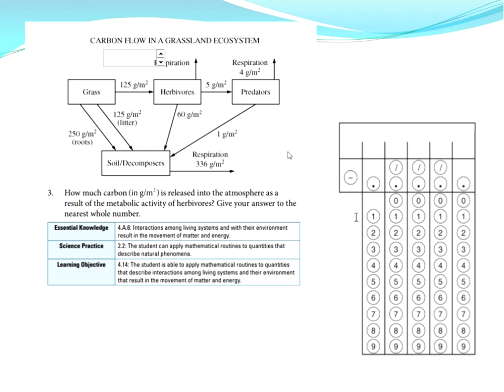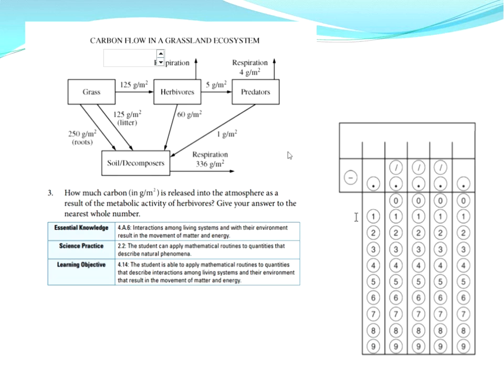Not just 60, but they're giving off both of them: the 60 going to the decomposers and the 5 going to the predators. So you have to add those together for 65, right? And they had 125 coming in.